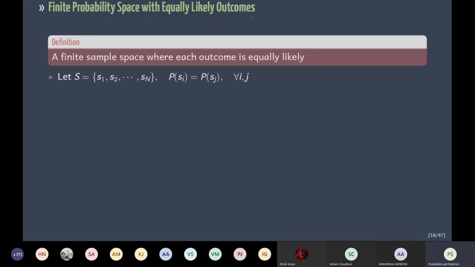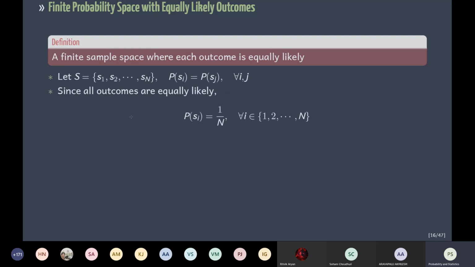So this is the sample space S, a finite sample space, and we can define the probabilities of the equally likely outcomes. Equally likely means the probability of the ith outcome is the same as the probability of the jth outcome.